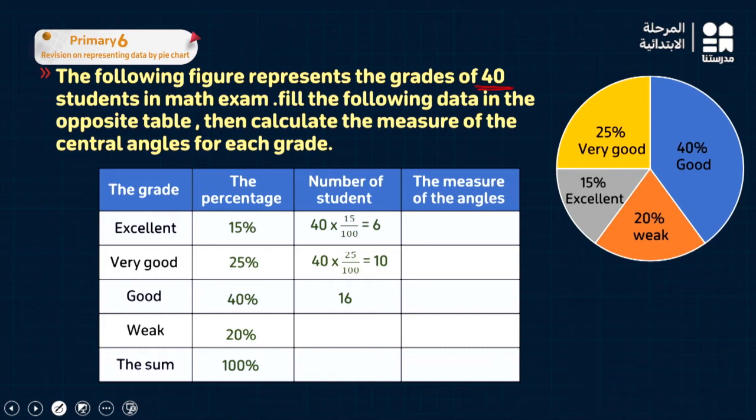And the weak students, 20 out of 100 times 40, gives you 8. If you add 6 plus 10, 16, plus 8, your total must come out to 40. If you add and find that the total you got is not equal to 40, you must know there is something wrong in your answers, so you have to check again.